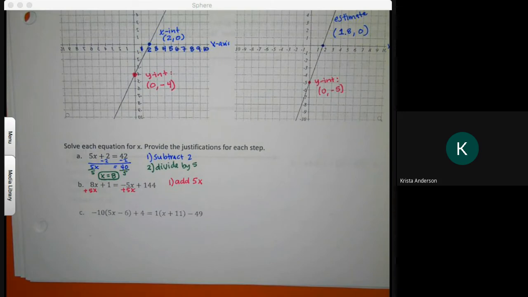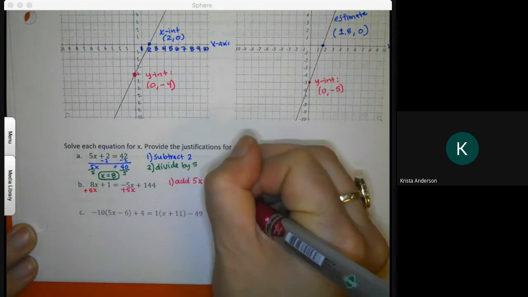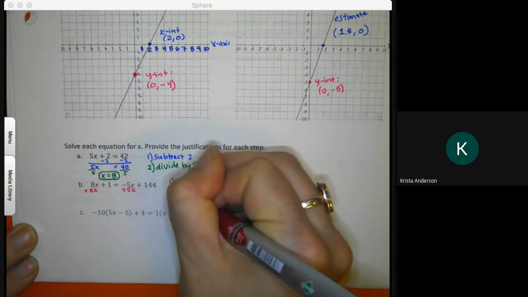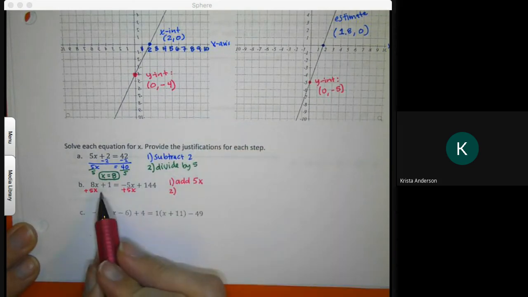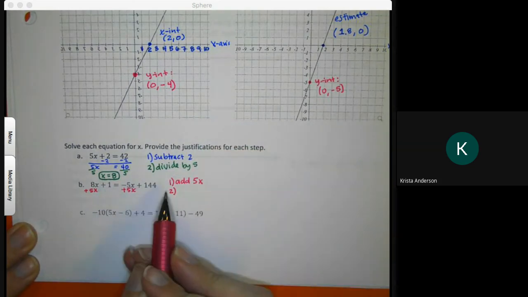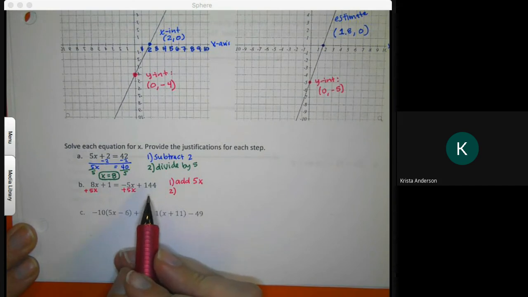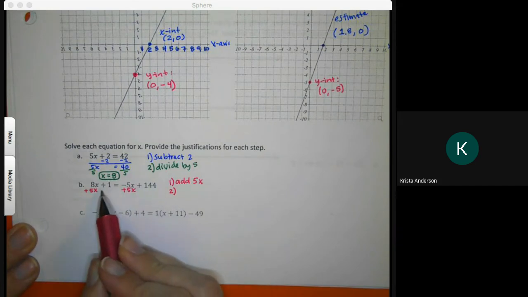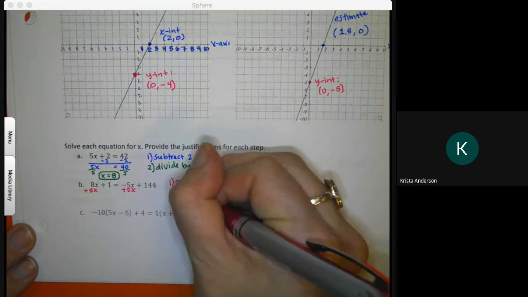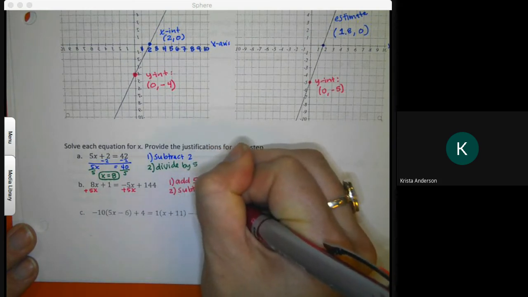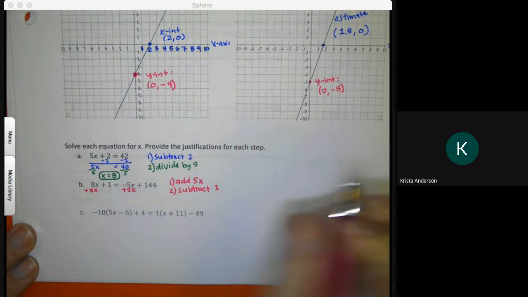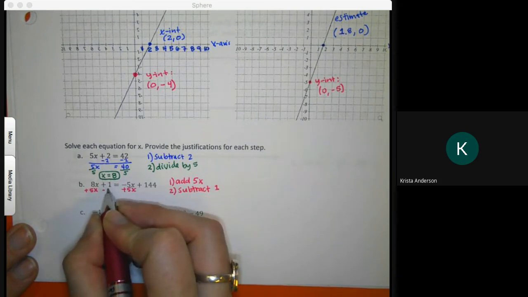That means I would have to move my 1 over to the right. Does anybody know how I'd move this 1 over with the 144? I'd have to subtract 1. Oh, I hope I don't lose you by doing 2 steps.